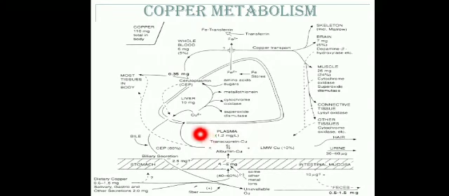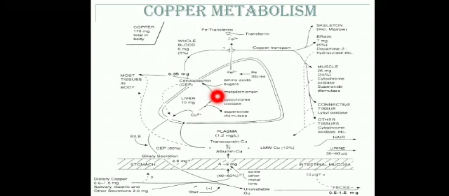From there it reaches the liver tissue as well as most of the tissues present in the body. In the liver, this copper gets bound with ceruloplasmin, and it also has a high catalyzing power for various enzymes like superoxide dismutase, which plays an important role in the free radical scavenging system of our body, and cytochrome oxidase, which is the fourth complex present in our electron transport chain, hence a very important role in the energy production of our body.